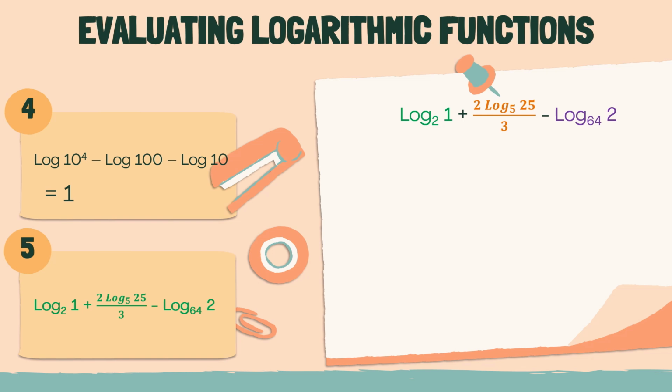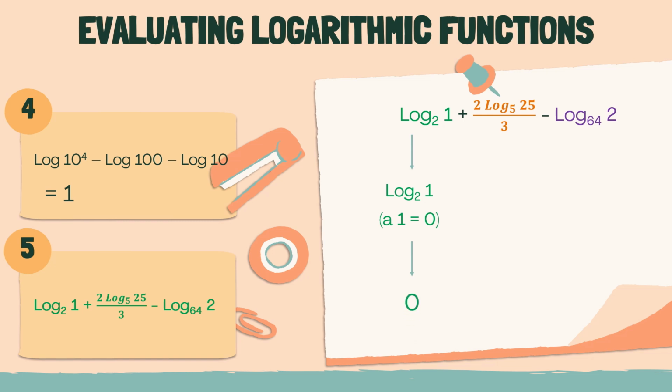Let's go over them one at a time. Log base 2 of 1. We will apply the log_a 1 = 0 technique because if it were to be expressed as an exponential function, 2 will have an exponent of 0, and any number raised to the power of 0 will equal 1.